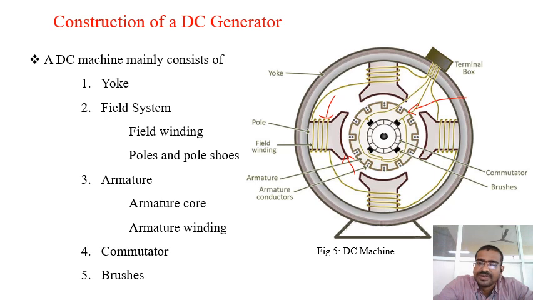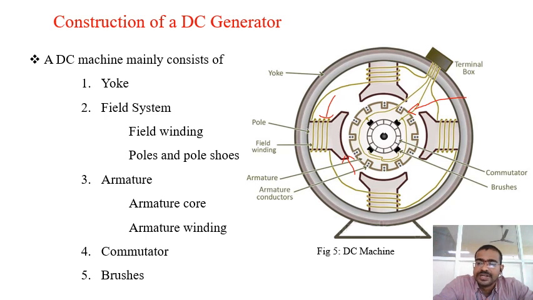The function of the commutator is to convert AC induced EMF into DC induced EMF. Once the shaft is rotated by the external prime mover, the armature conductors cut the magnetic field produced by the field system, and according to Faraday's law an EMF is induced.